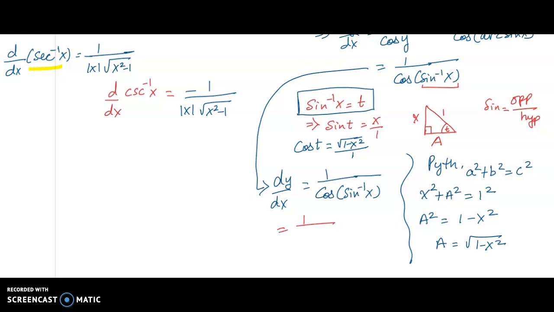Let's do some more magic. Cos t, because sine inverse x was t right from there, I can rewrite it as 1 over radical of 1 minus x squared. That is the derivative of sine inverse x we are looking for.